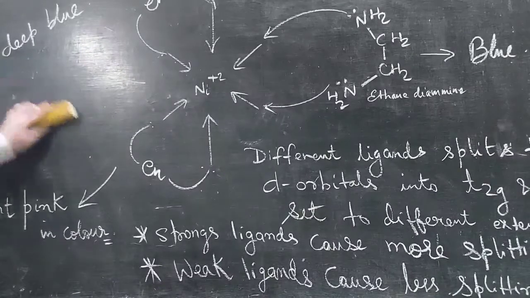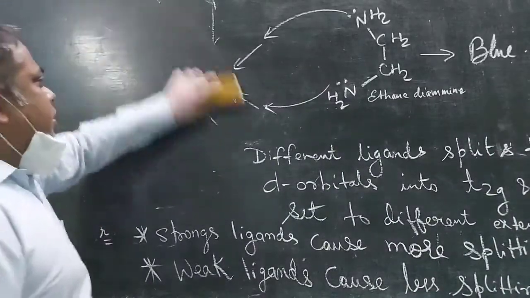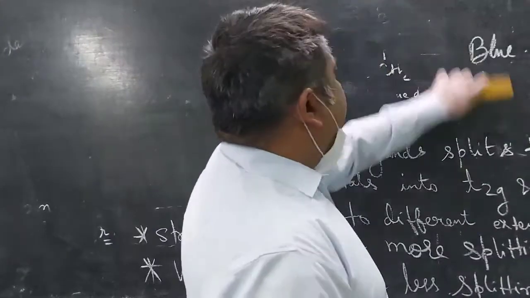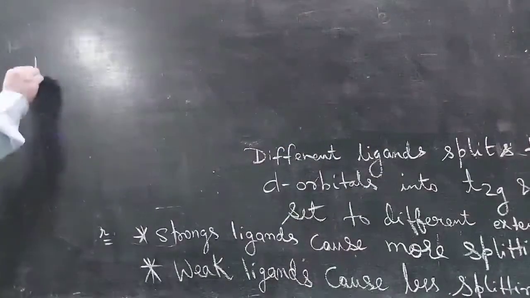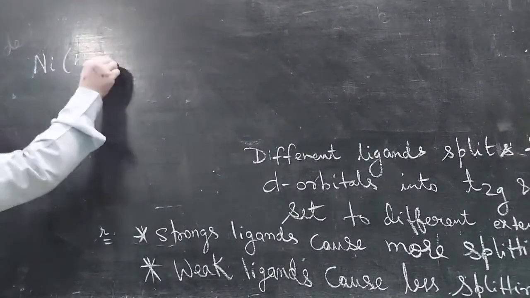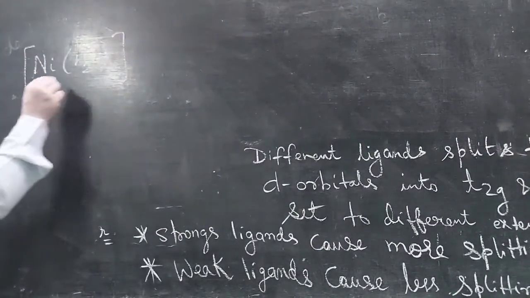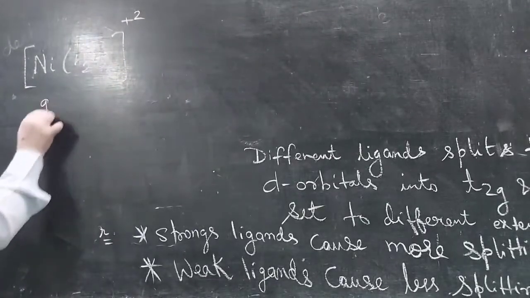This whole diagrammatic thing can be seen in the form of molecular formula also. Like say nickel H2O whole 6 plus 2 is green in color.